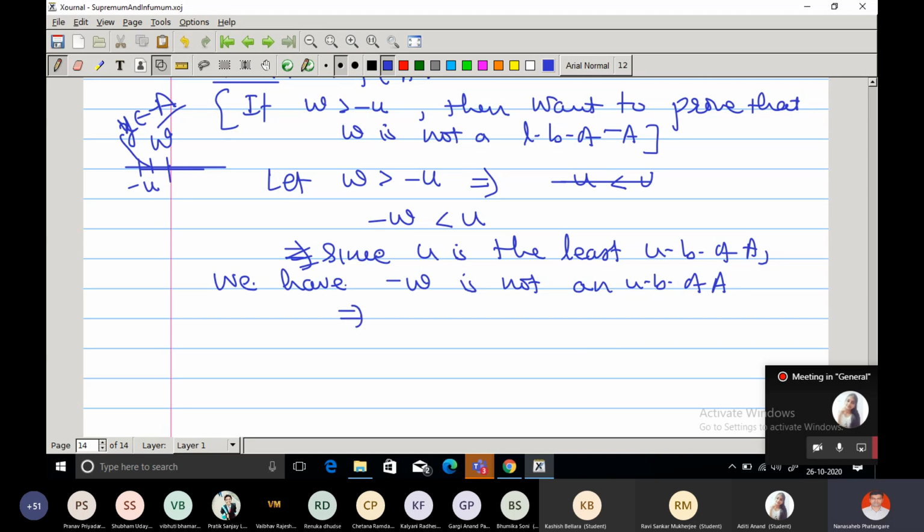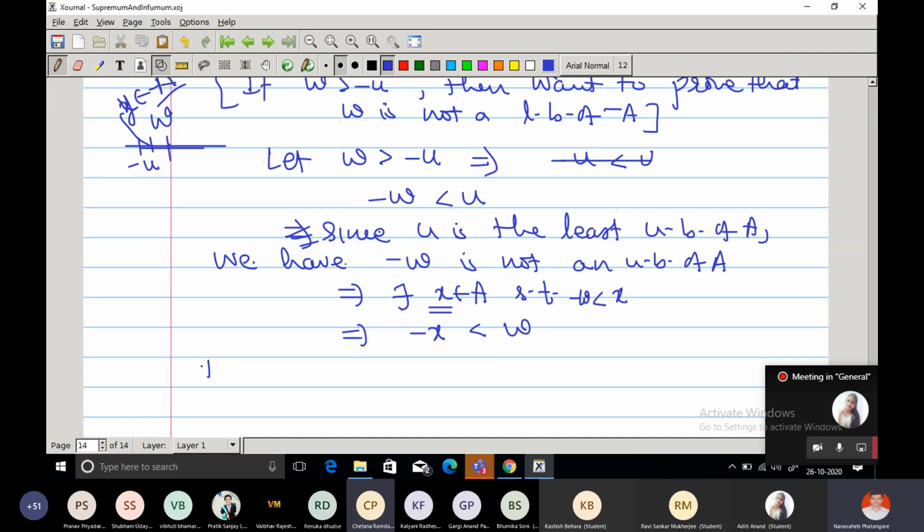Therefore, minus W is not an upper bound means there exists an element x in A such that x is greater than minus W. Am I right? Yes, sir. That means minus x, where x is a member of A and minus x is a member of minus A, is less than W. Is it true? Yes, sir.